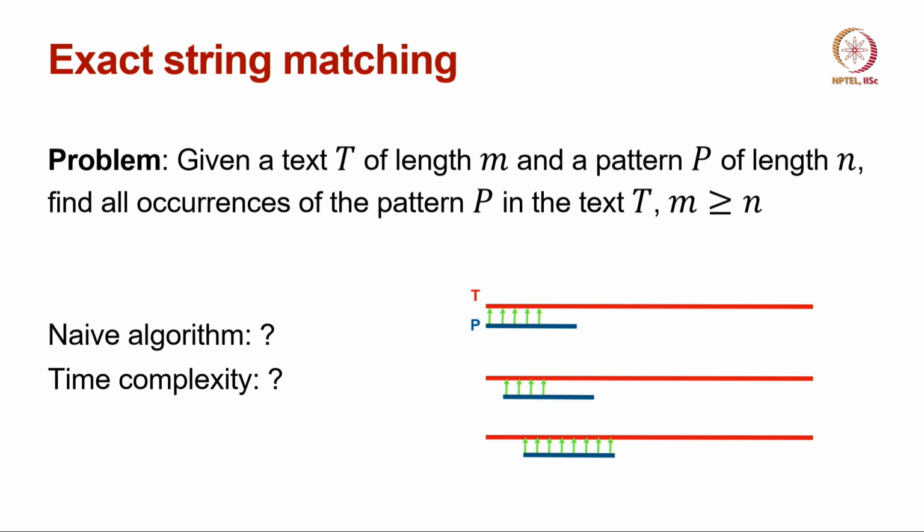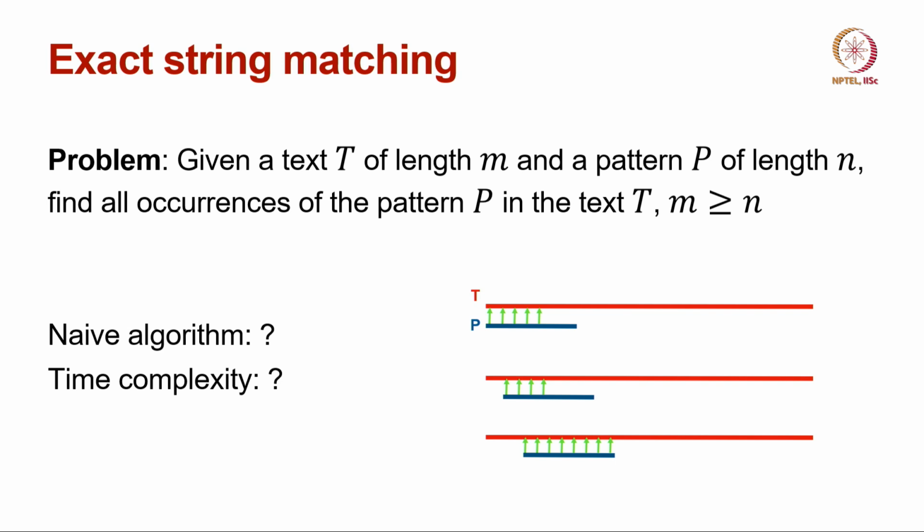So, what would be the naive algorithm to solve this problem? When we start to think about any problem, it is useful to think of the easiest way to solve it. In this case, how would you design a naive solution?